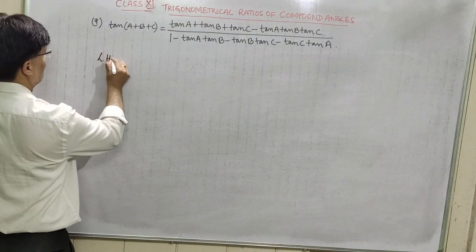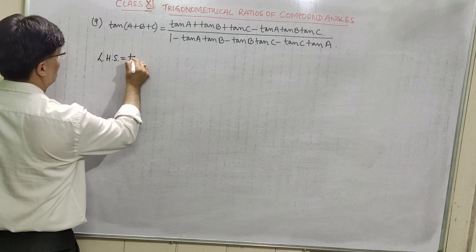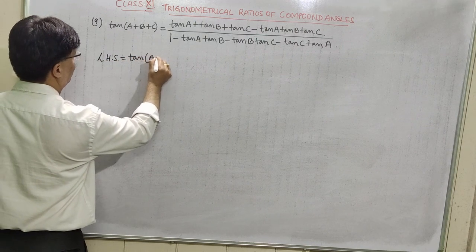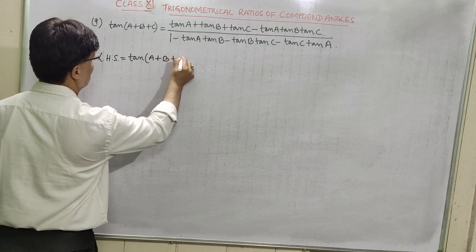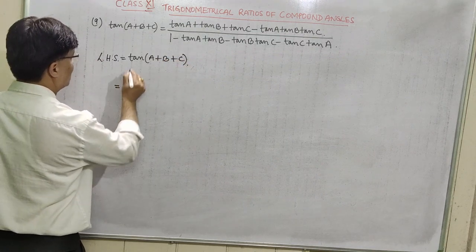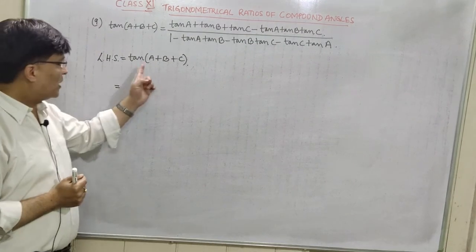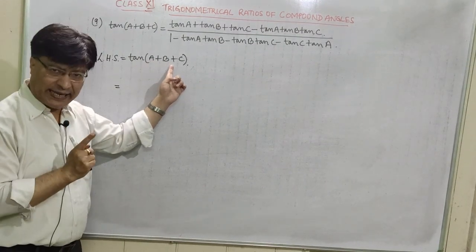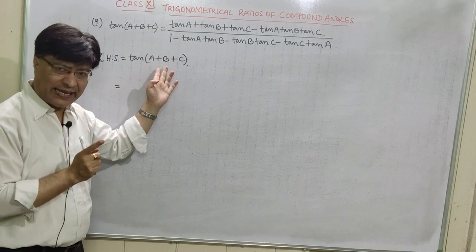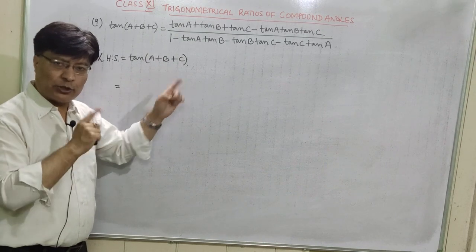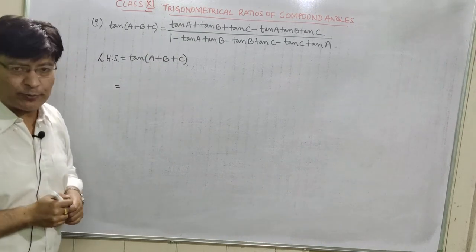So let us write down here, LHS is equal to tan of A plus B plus C. So now in this case you can use the formula of tan of A plus B. So let us take this A plus B as A, and C as B, so that we can use the formula of tan of A plus B, isn't it?